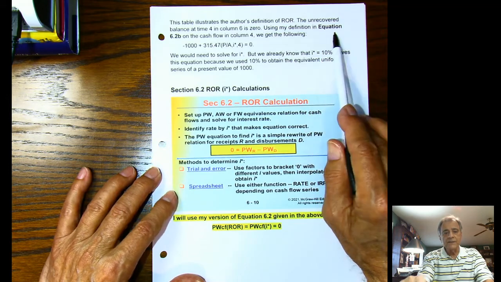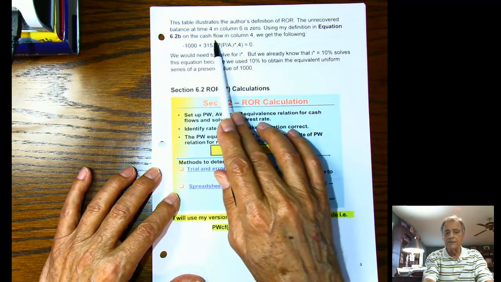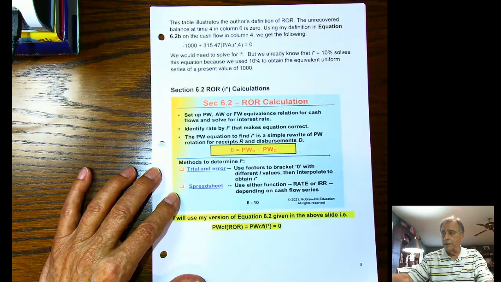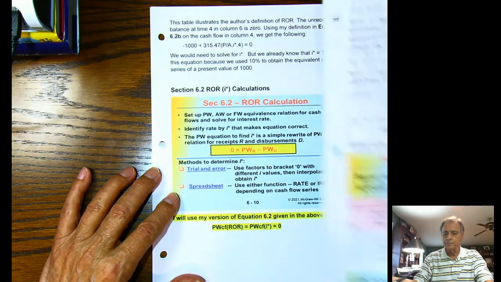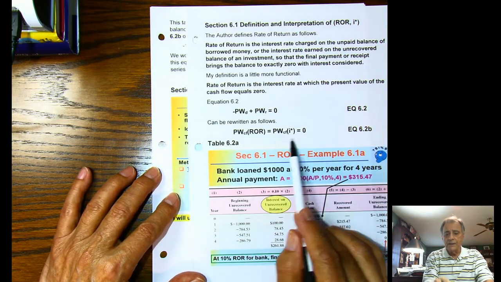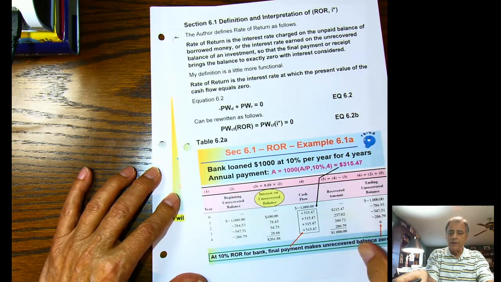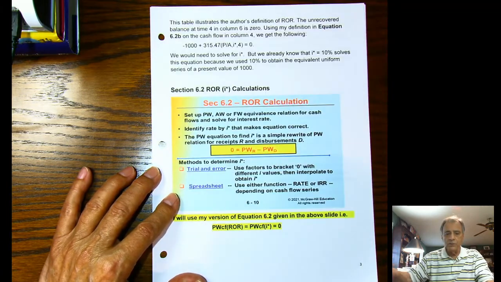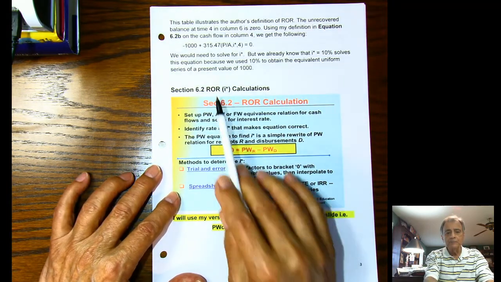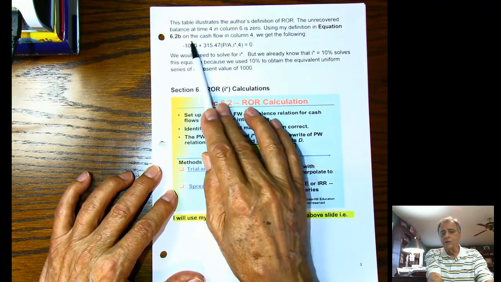Using my definition, equation 6.2b on the cash flow in column 4, this is the equation. I'm saying the receipts equal the disbursements. Remember, if you borrowed $1,000, the bank is out $1,000.